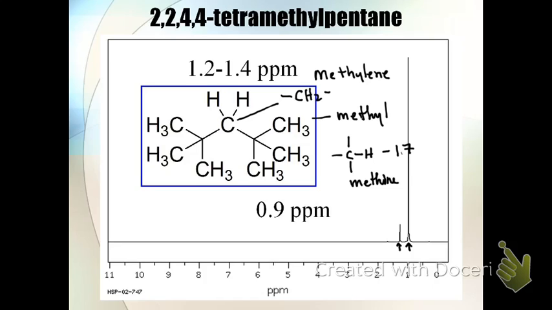So the methylene signal is much smaller than the methyl signal, in fact about 9-to-1. Again, the NMR instrument will give you that 9-to-1 information. That's an indication of the relative number of hydrogens in this compound. You'll notice there are 18 methyl hydrogens and 2 methylene hydrogens. That gives us the ratio of 9-to-1.